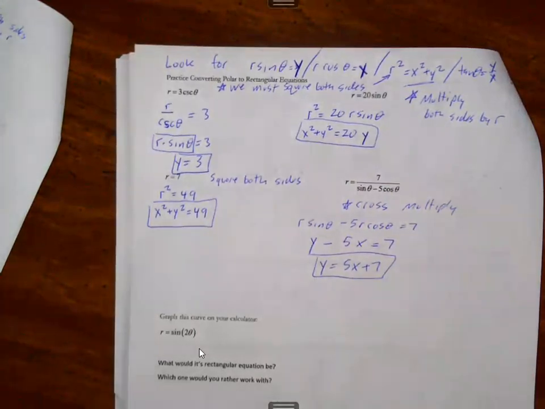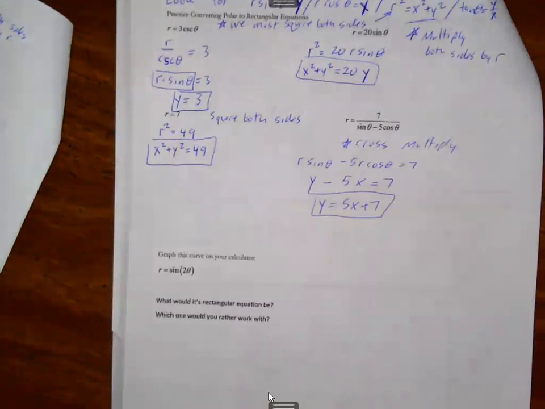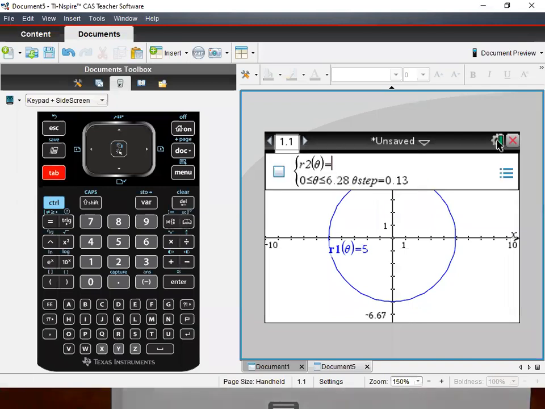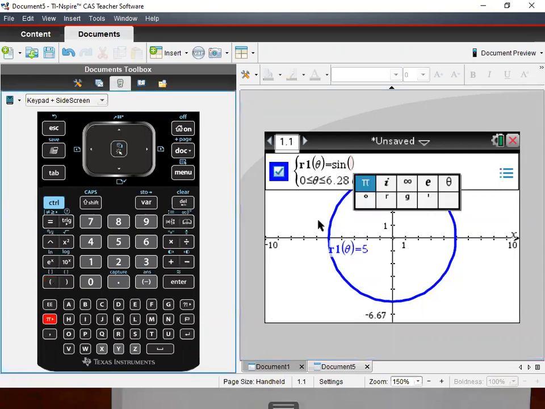Now, the very last thing, I want to look at this on our calculator. So r equals 2 sine of theta. This is pretty cool. And we're going to do a whole day on these things. All right, so if I type in sine of theta, see what happens.